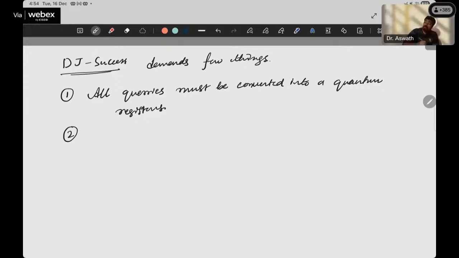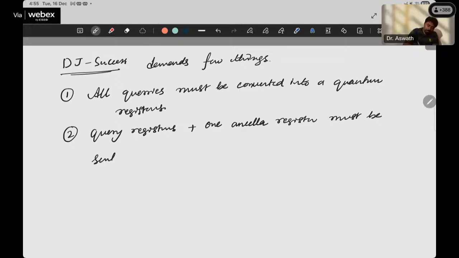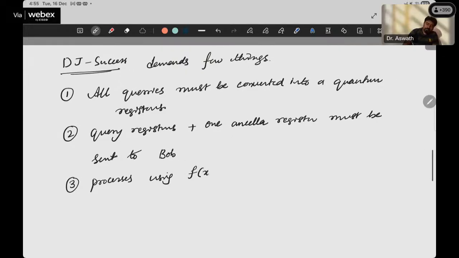And number two, those query registers plus one ancillary register must be sent to Bob, where Bob processes them using his function f of x.